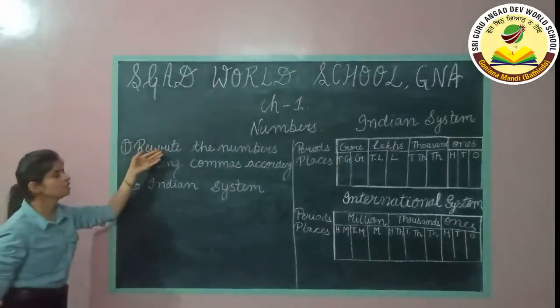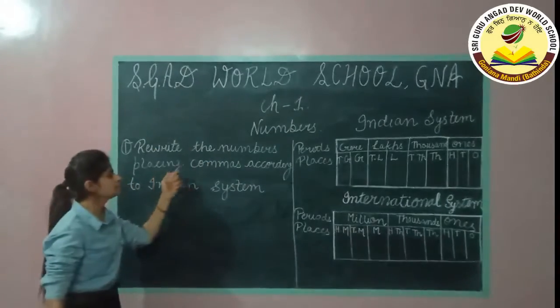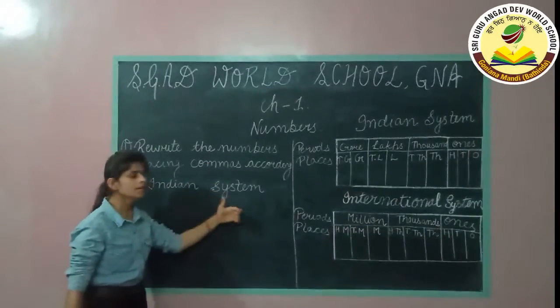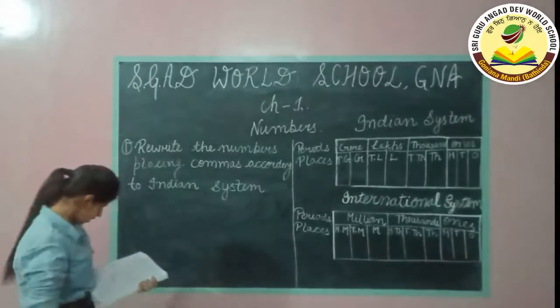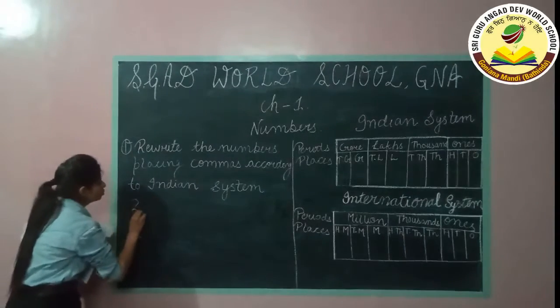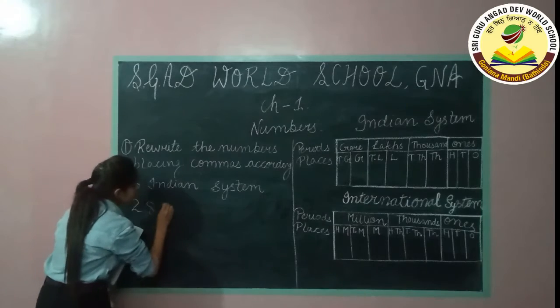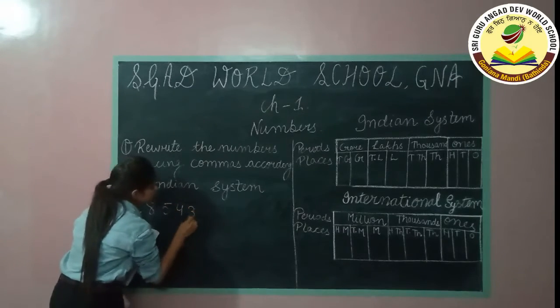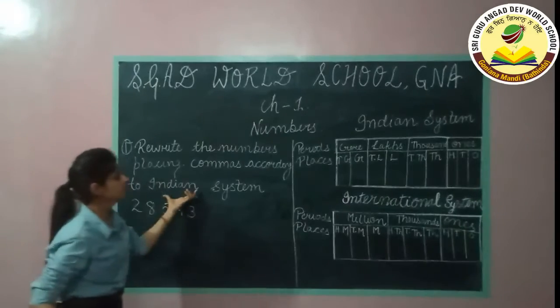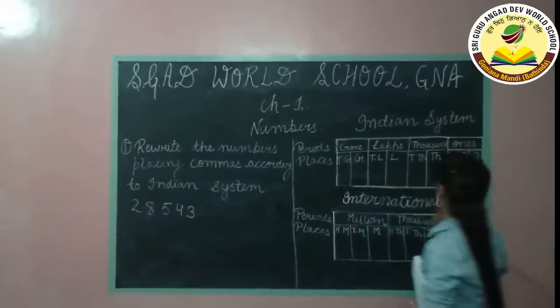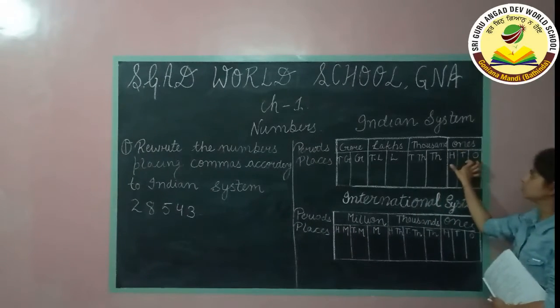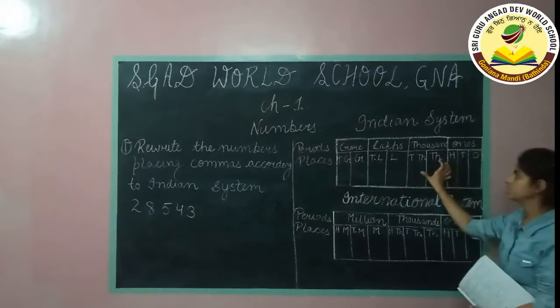First the question is: rewrite the numbers placing commas according to the Indian system. We take an example, 28543. According to the Indian system, the ones period contains 3 digits and the thousand period contains 2 digits.